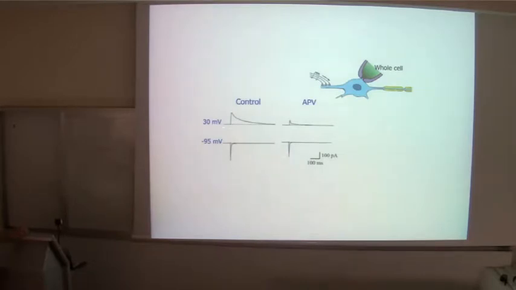Okay, but if you hold it depolarized, then when you apply AP5, you block a lot of the current that's flowing through the NMDA receptors. So in this case, at 30 millivolts, most of the current is NMDA.